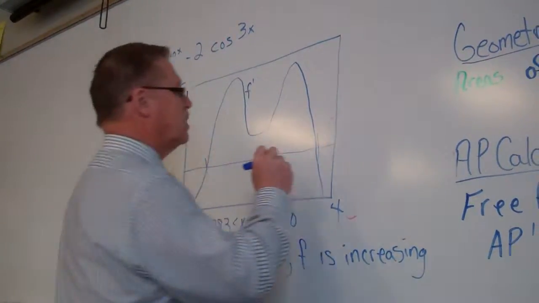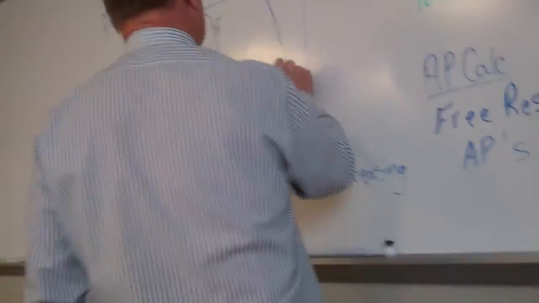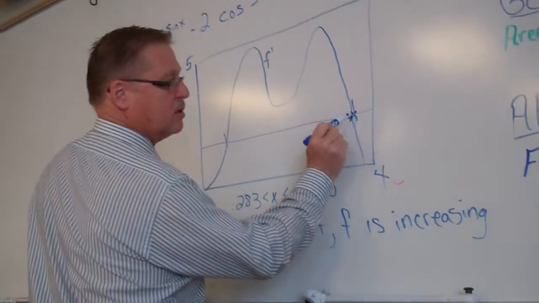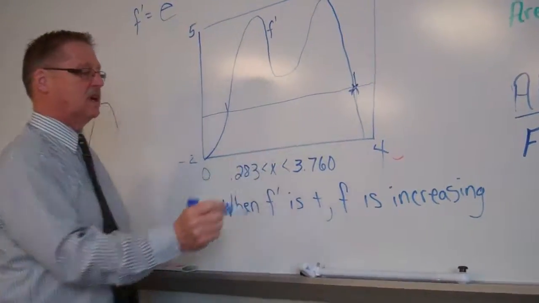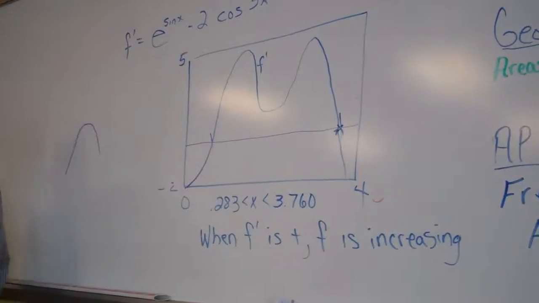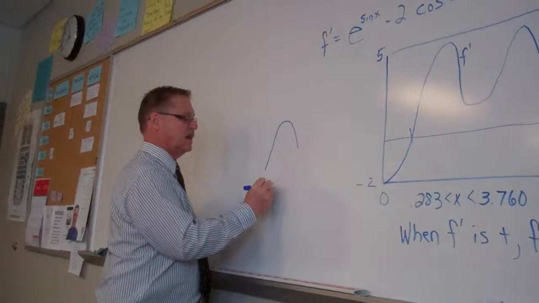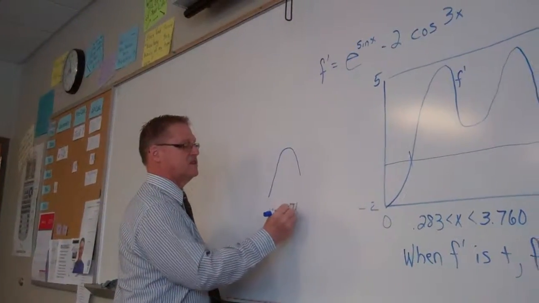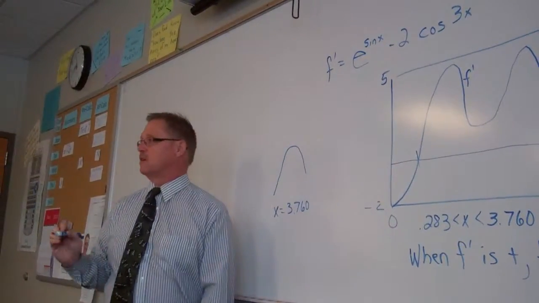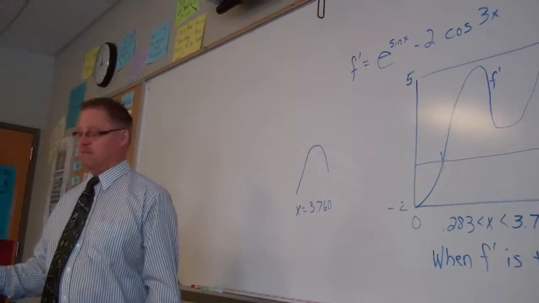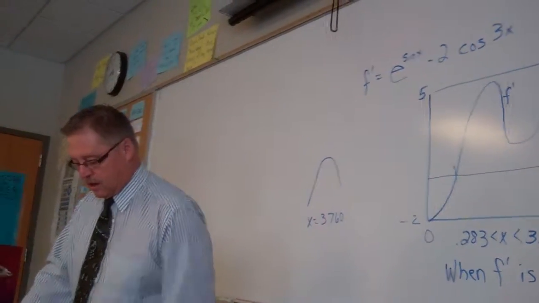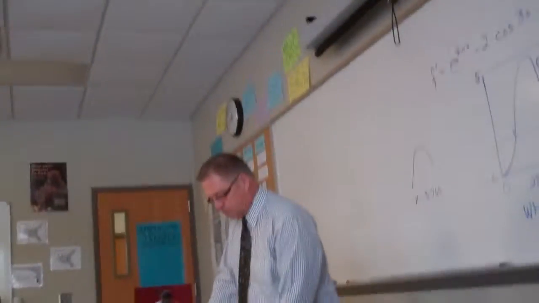Isn't it like right here? The slope was positive, then it came through 0, and then it went to negative. So one of the places it has a max is at x equals 3.760. I think there was a max there. And then any place else?